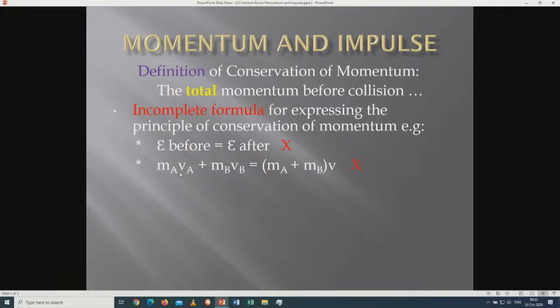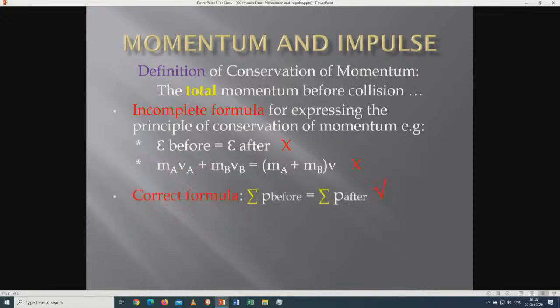So what's the problem here? The problem here is this learner doesn't indicate initial and final, or before collision and after collision. So this is an incomplete formula. At least we will take it as an incomplete formula. The principle is more or less indicated there, but you are going to lose a mark for that incomplete formula. So don't be sloppy on that.